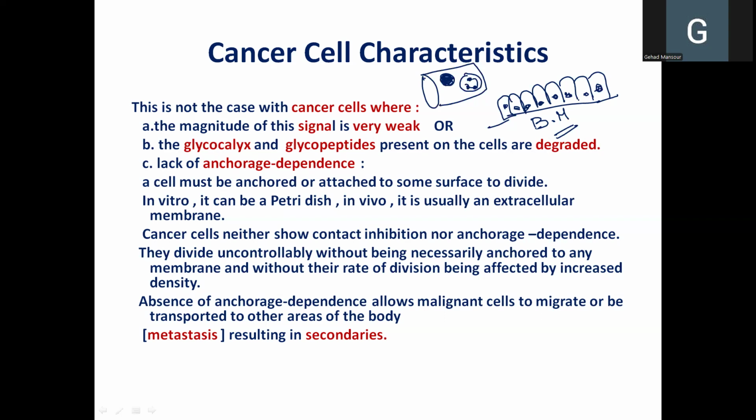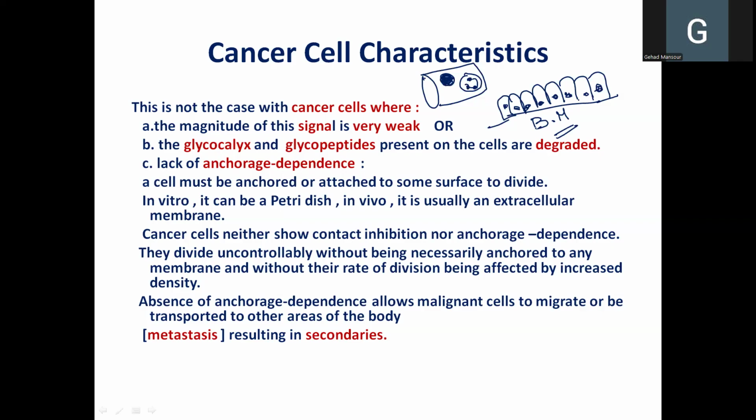We might have breast cancer, for example, and some of the cancer cells penetrating lymphatics, dividing inside the lymph, dividing inside the blood, and reaching other distant structures like bone or the brain. Of course, this is very sad news when you know that the patient has secondaries, because this really complicates the clinical condition.